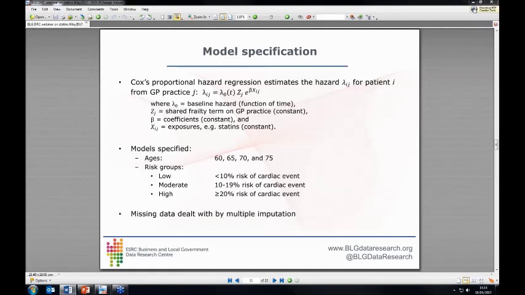A common problem with observational data is incomplete records. Here there were missing data in body mass index, smoking status, and the risk of a cardiac event. Incomplete medical records were dealt with by multiple imputation. This allows patients with incomplete data to still be included in analyses and makes full use of all available data, thereby increasing the power and precision.